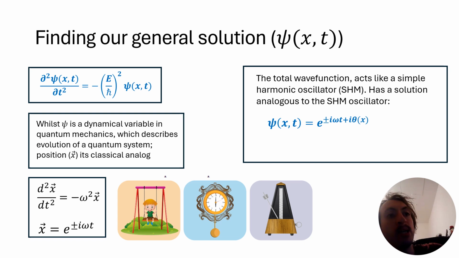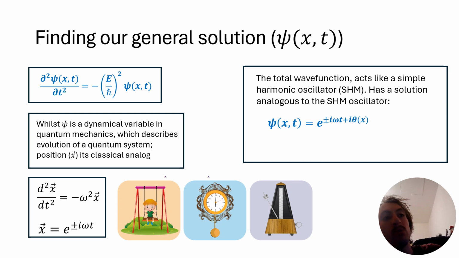So providing we can factorise it out such that the time dependence of the overall wave function changes in the same way that the time dependence of position changes for a classical simple harmonic oscillator, then essentially we can just stick in a position part of our wave function, and this position part we can write really as any function.